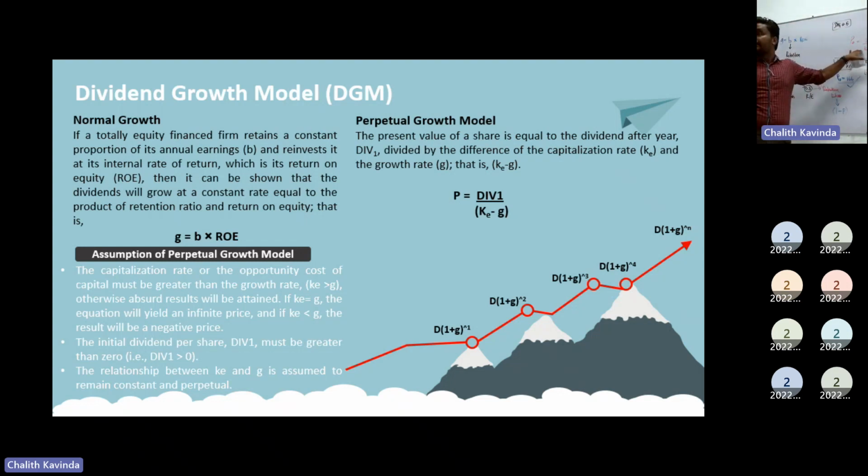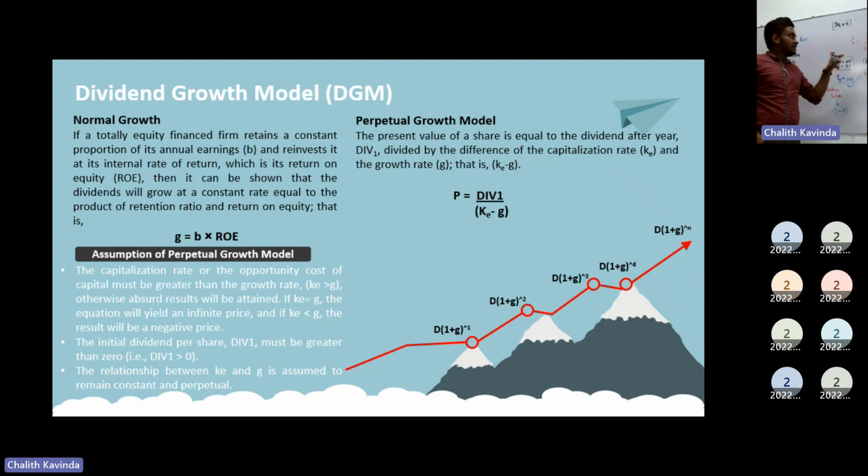Because we are using this particular formula to value the share, if the growth rate is continuing to infinity, the relationship between these two must be perpetual. So those are the three assumptions coming under this perpetual growth aspect.